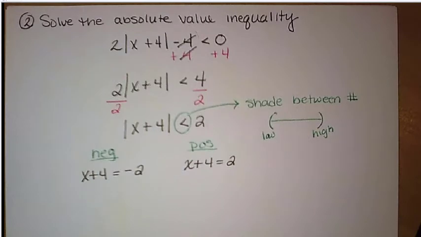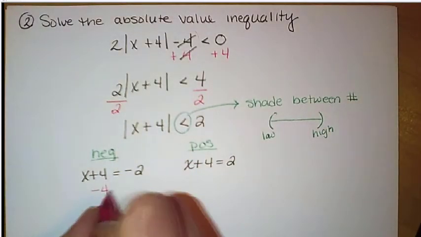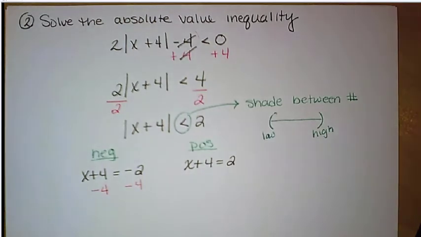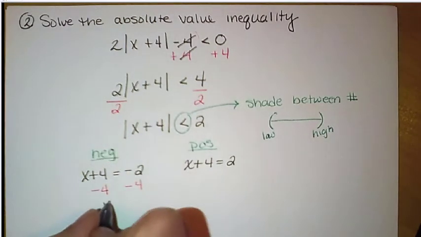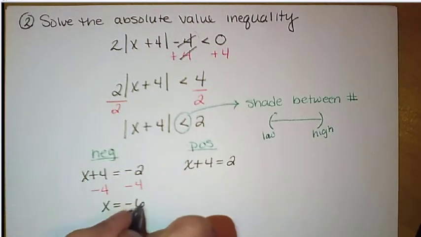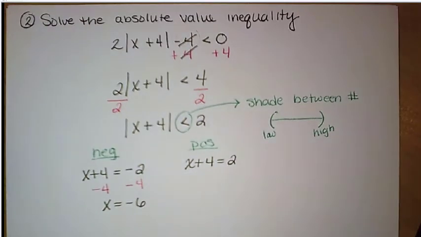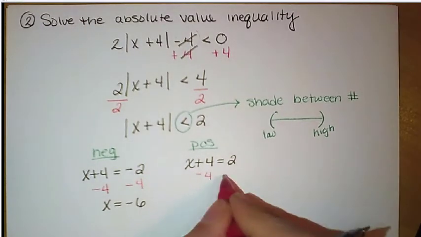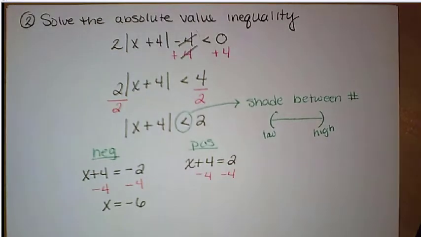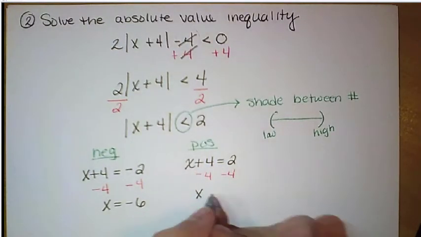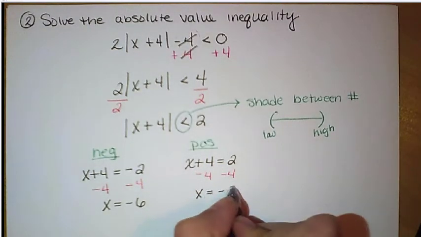And we're going to solve each one of these for x. Right here, we're going to subtract 4 from both sides, and we get that our low value is x equal to -6. Here we're going to subtract 4 from both sides as well, and we get our high value as x equal to -2.